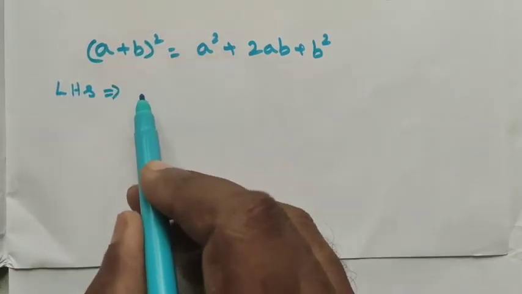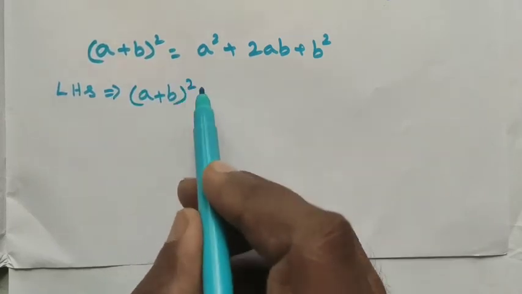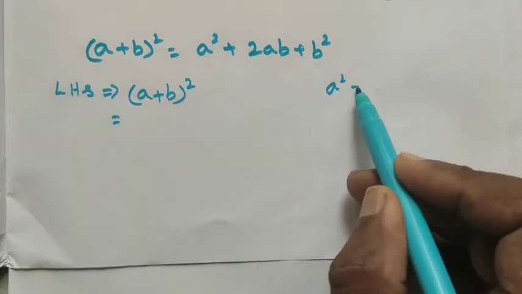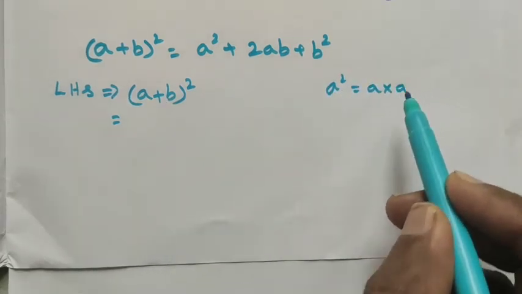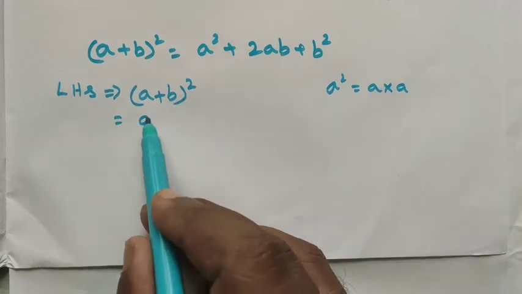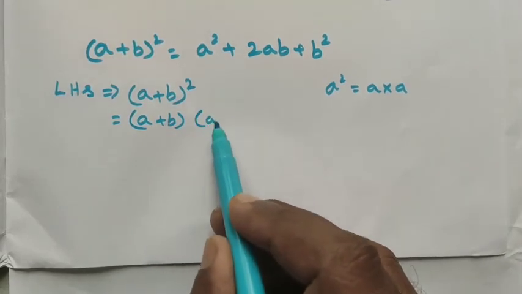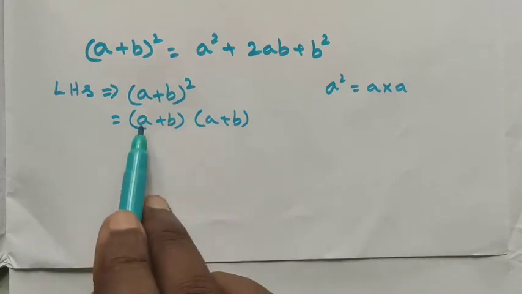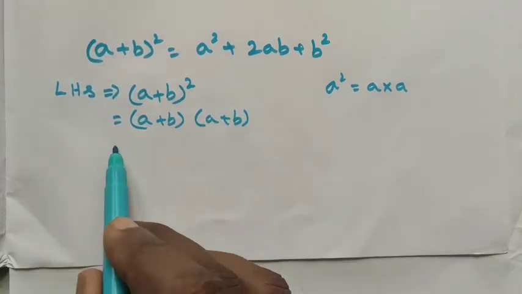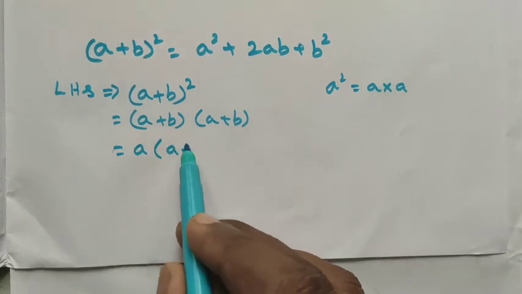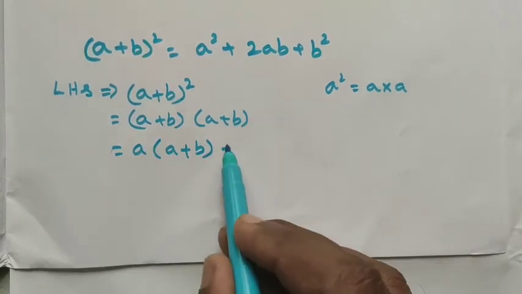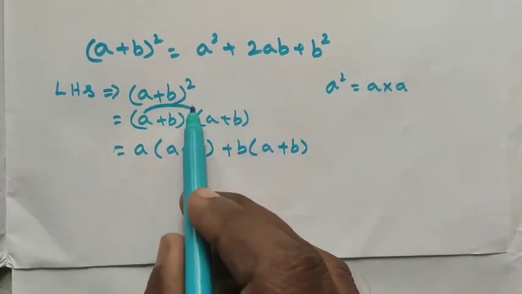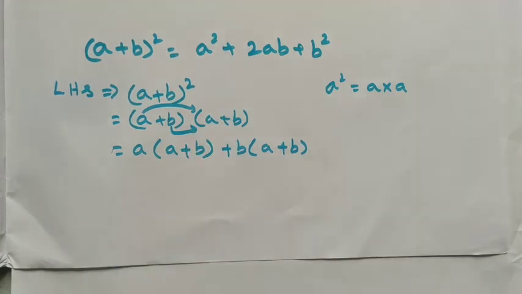On the LHS side we have a plus b whole square. This can be written in expanded form, like a square means a into a, right? So here we have a plus b into a plus b. We know how to multiply binomial into binomial terms. a is multiplied with this term, that is a into a plus b, plus b into a plus b. So this term is multiplied with the second binomial and this term also, right?